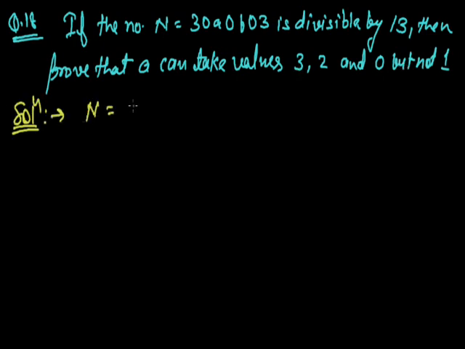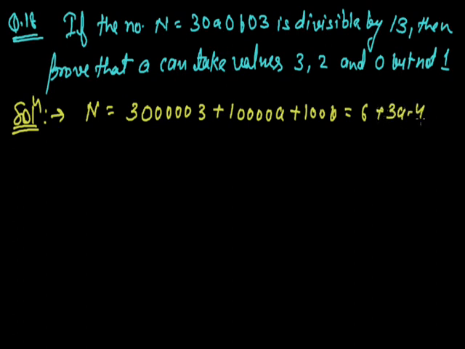We have given that n is equal to 3,050,03 plus 10,000A plus 100B, that would be given as 6 plus 3a minus 4b plus some multiple of 13.